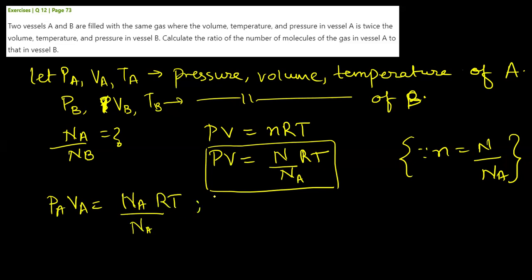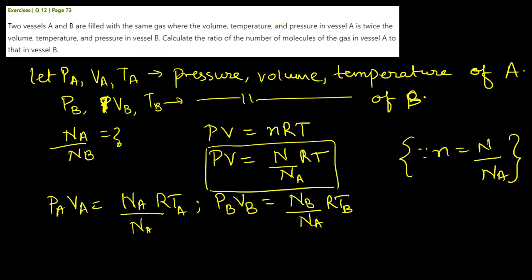The denominator is Avogadro number. And similarly, I can write PBVB equal to NB upon Na into RTB. Now, in the given data, as I have mentioned already, this line is very important.